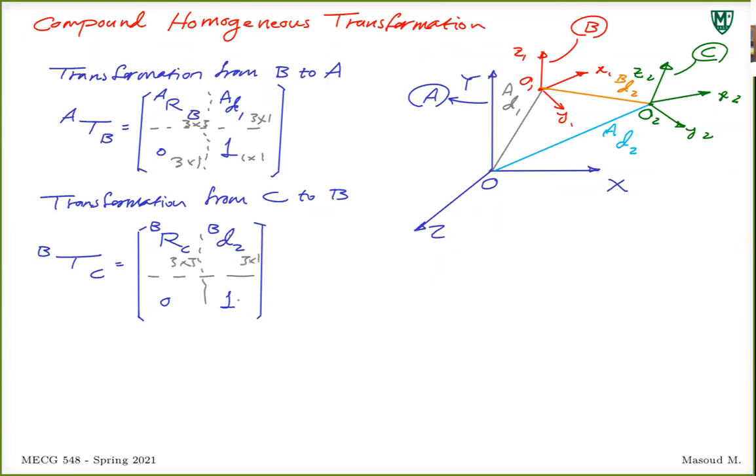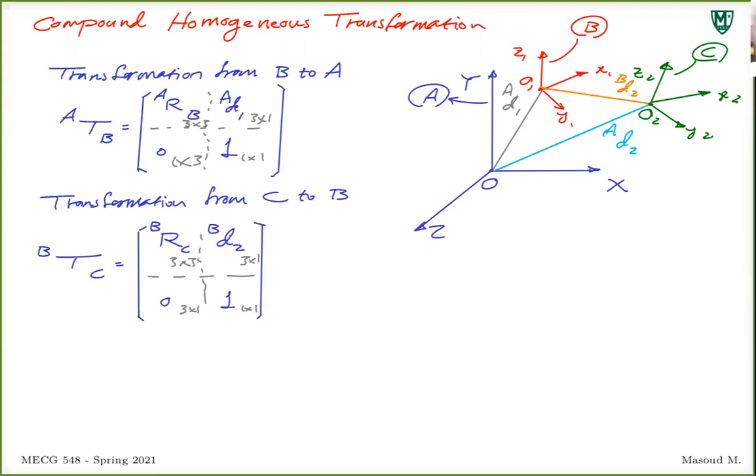This is a 3 by 1 vector. This is just a 1 by 1, and this is 1 by 3. And same story here, 3 by 1. All right. So this is not new. This is what we had from before.